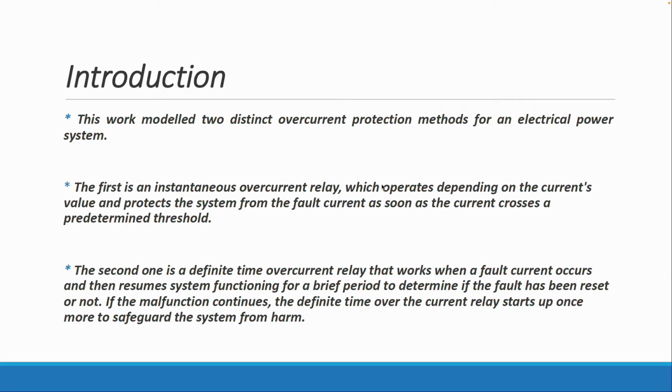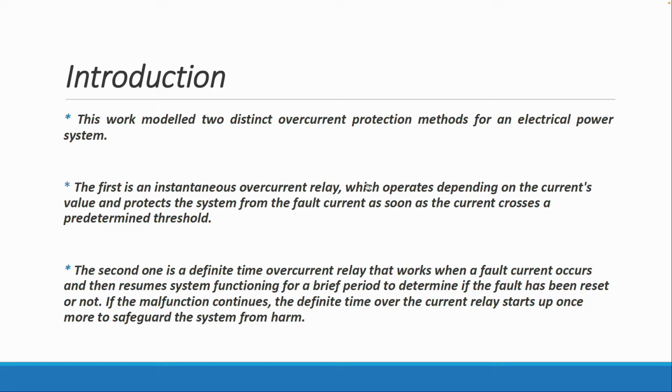Now moving on to the introduction, two different types of overcurrent protection strategies were simulated in this paper using Simulink. The first one is an instantaneous overcurrent relay, which operates and protects the system as soon as the current crosses a threshold limit, which is user defined.